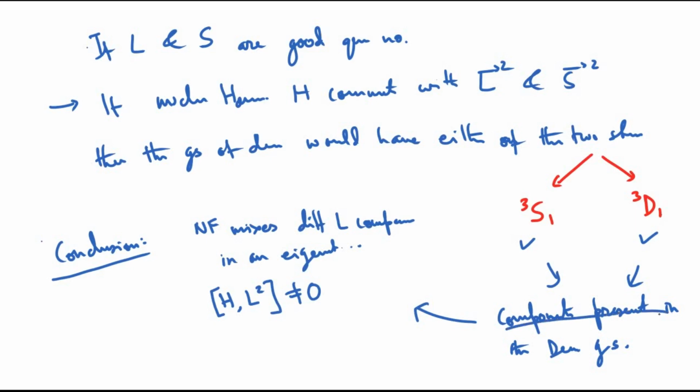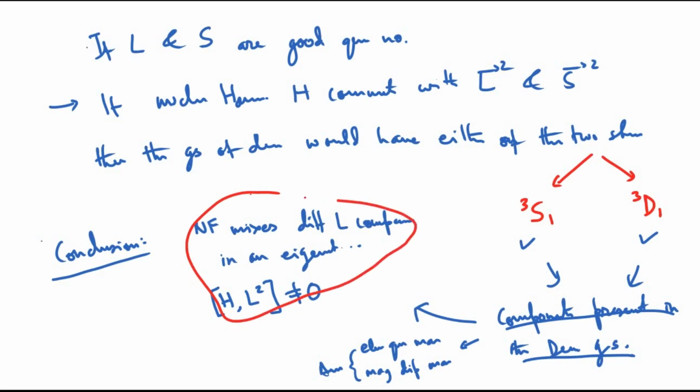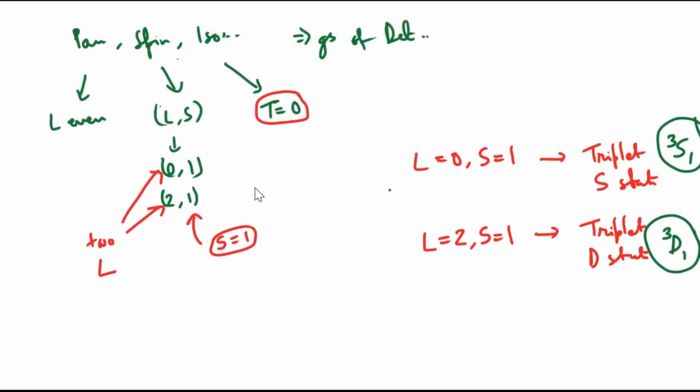So this is a very important information that we have obtained, and this is info 4 regarding the nuclear Hamiltonian H. This very fact that Hamiltonian H doesn't commute with L square.